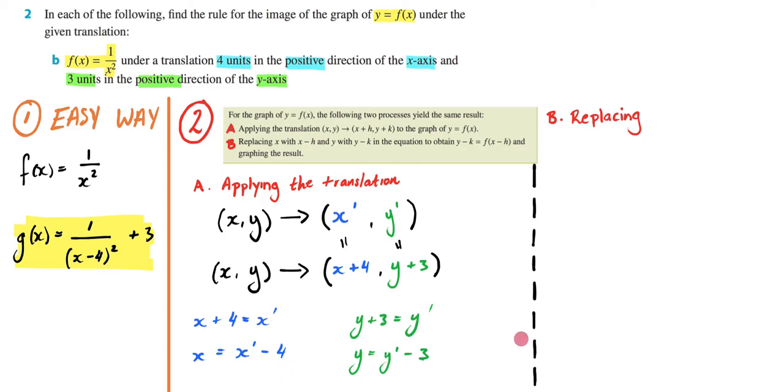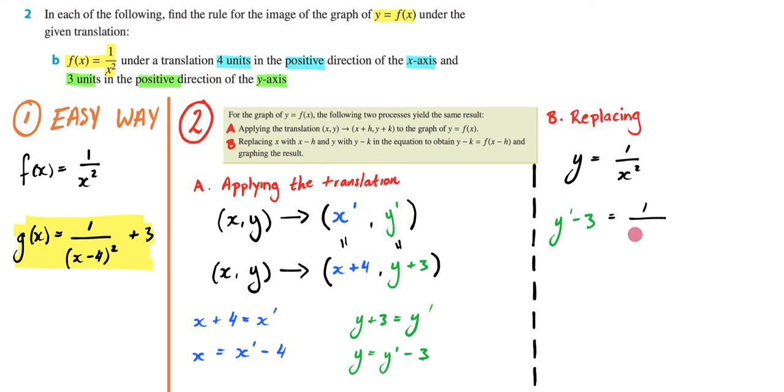Having done this, we now come to the second part, which is the replacing step. I'm going to start with what I've originally been given, which is y equals 1 over x squared. I know what y equals after the translation has occurred, so I'm going to put that into my y spot. I then know what my x is going to be: x dash minus 4.